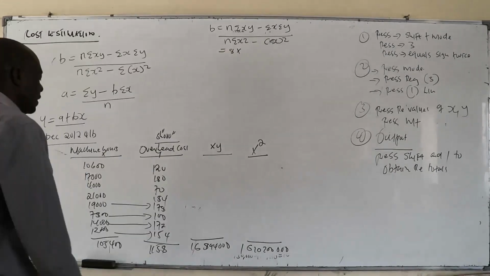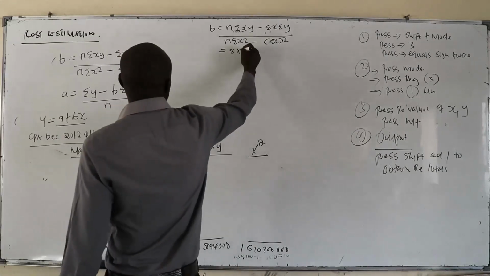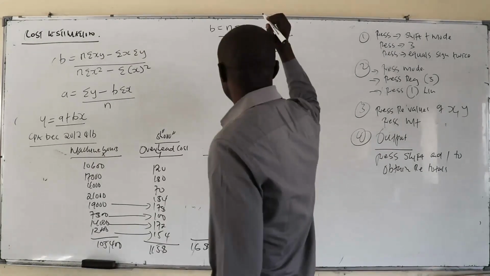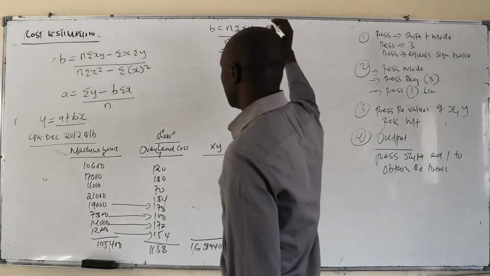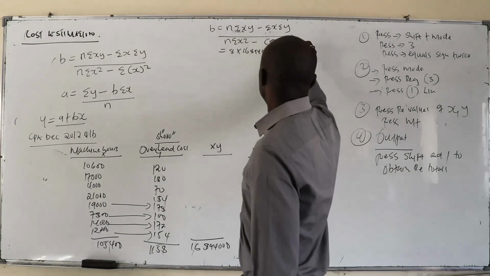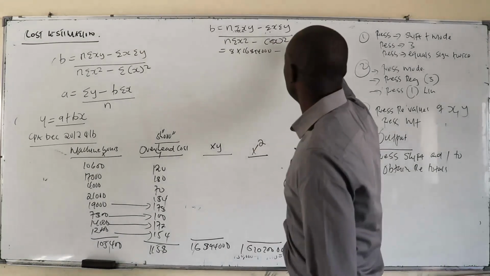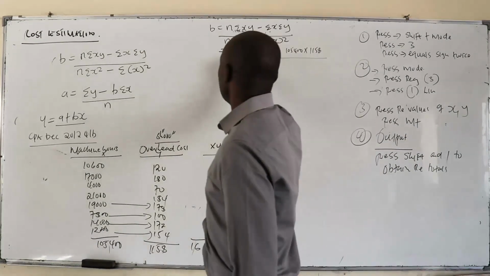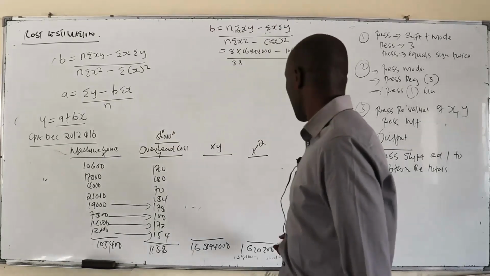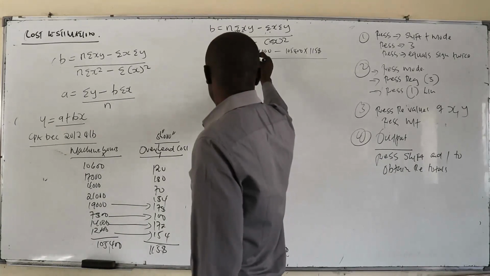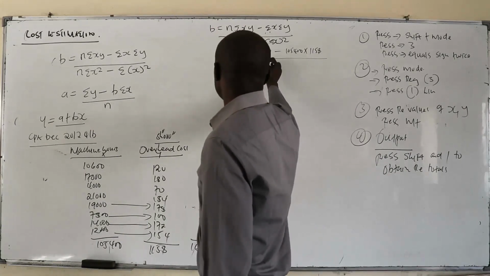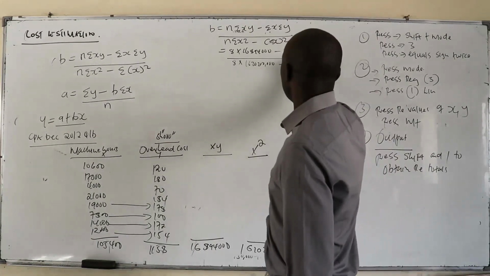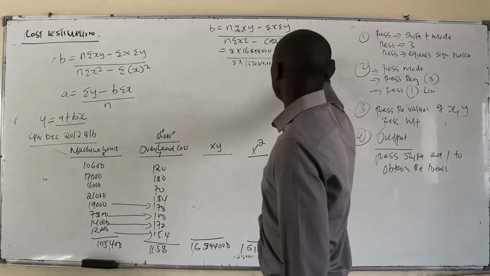Summation XY is 16,894,000 minus summation X, which is 105,400, multiplied by summation Y, which is 1158, over N, where N is 8. Summation X squared is 16,200,000 minus summation X, which is 105,400, squared.